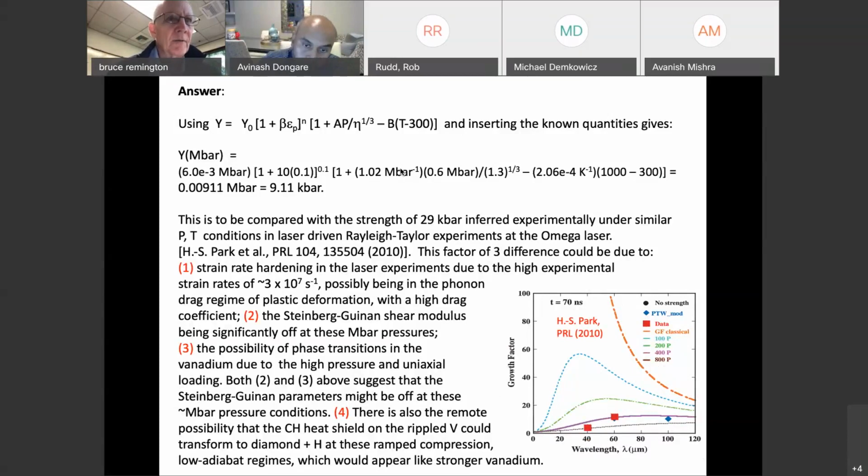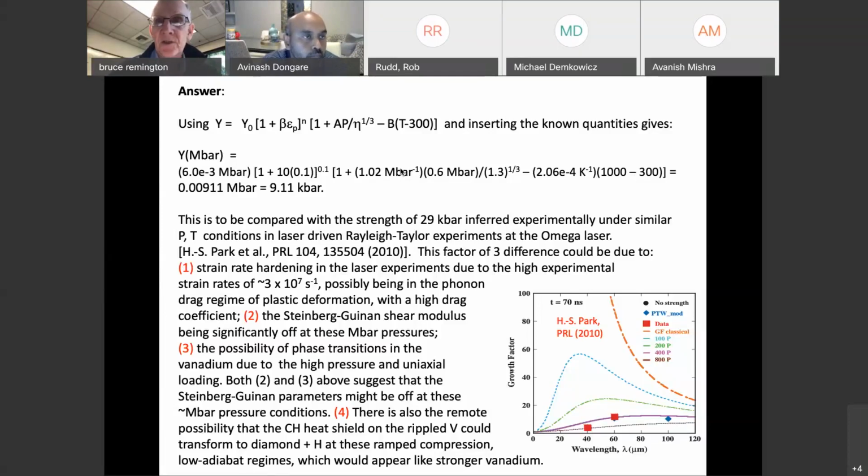And so the result of this is 9 kilobars. So the strength of vanadium at the pressure of 0.6 megabar, temperature of 1,000 Kelvin, compression of 1.3 is 9 kilobars coming out of a Steinberg-Guinan model.